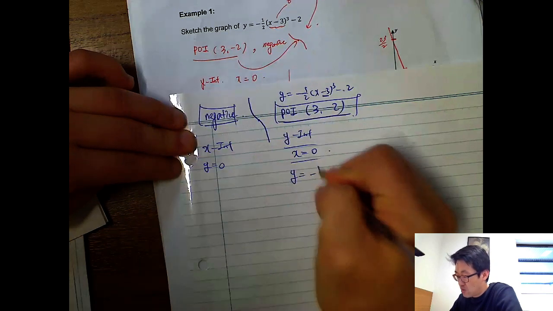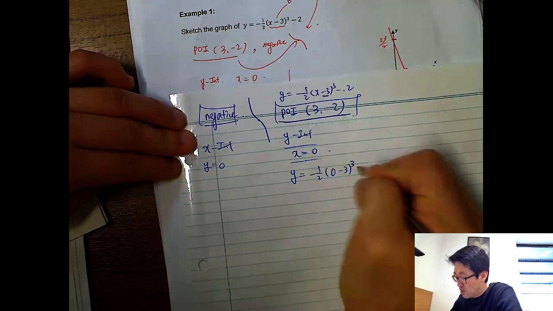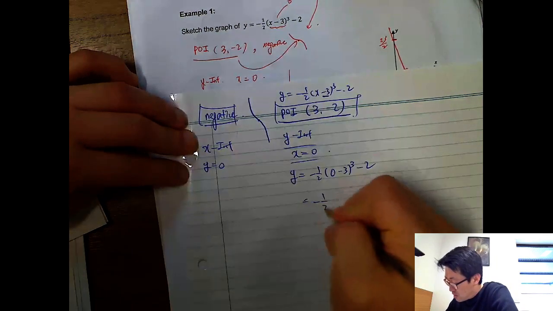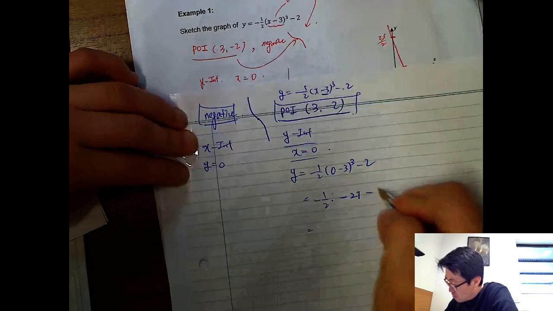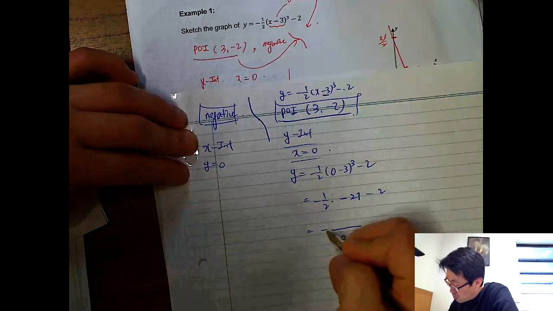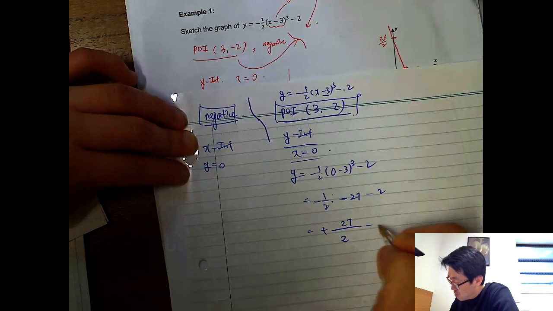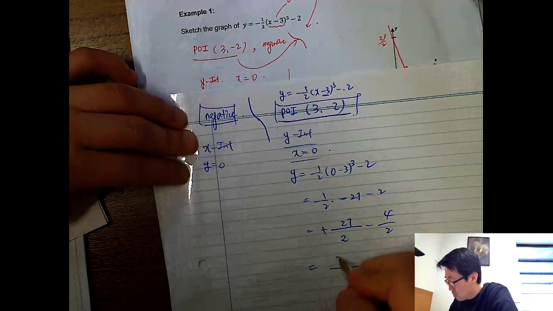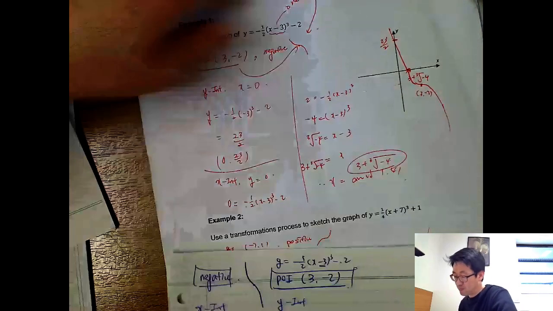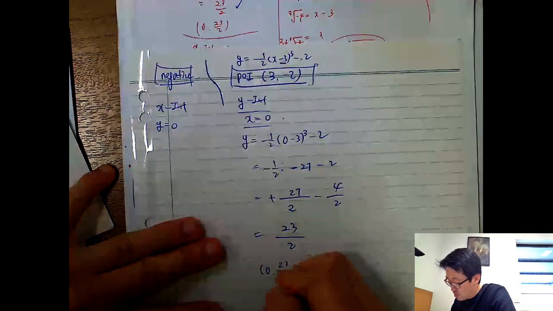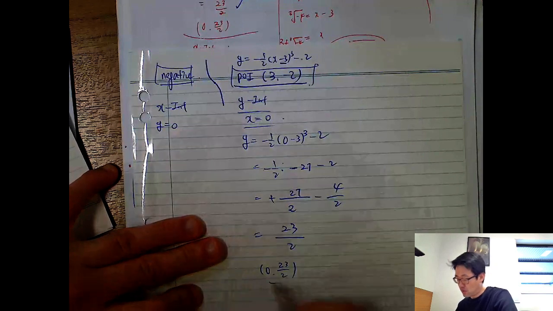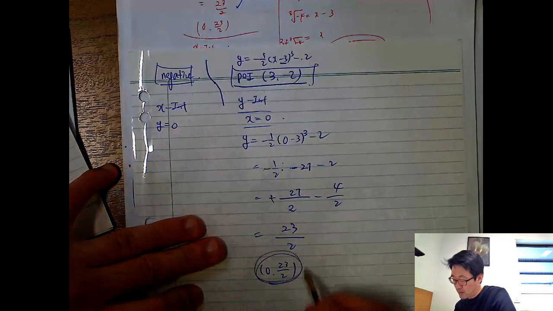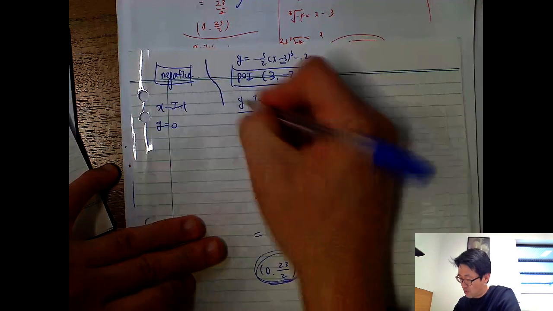When x equals 0, y equals -1/2 (0 - 3) cubed minus 2, which becomes -1/2 times -27, minus 2, which is plus 27/2 minus 2, so 23/2. So the y-intercept is (0, 23/2), around 11.5. Yep, so that's the y-intercept.